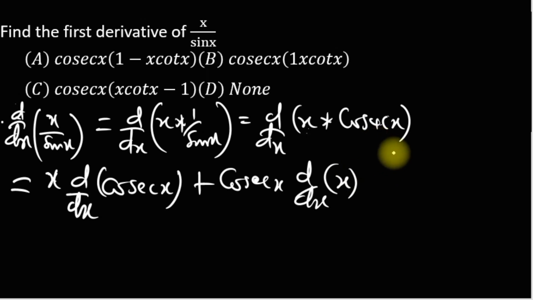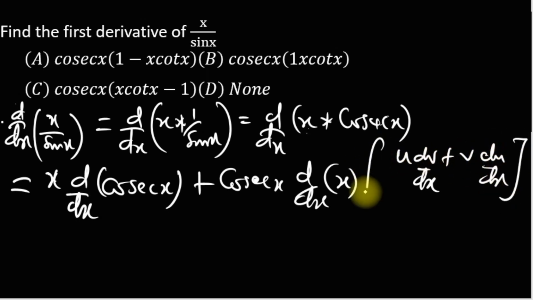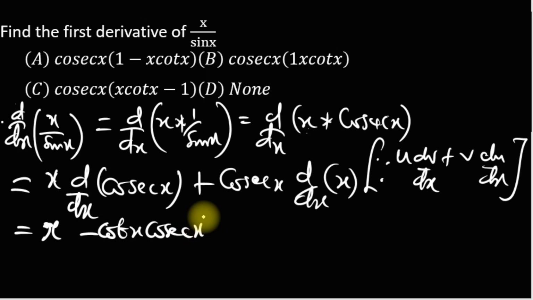So I just applied u dv over dx plus v du over dx. That's why, because of that. So let's continue. So x times the derivative of cosec x, which is minus cot x cosec x, plus cosec x times the derivative of x, which is 1.